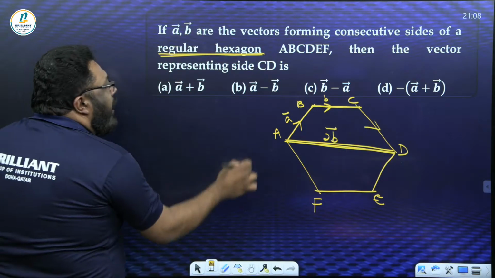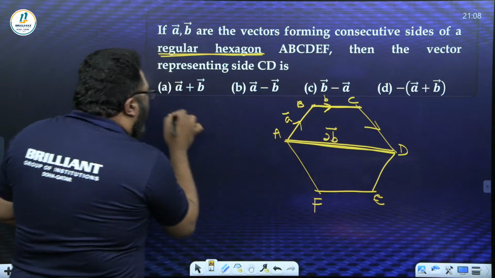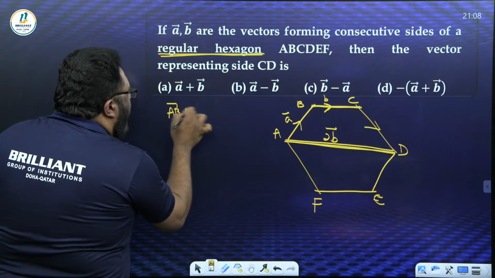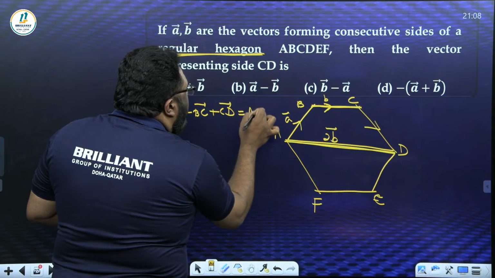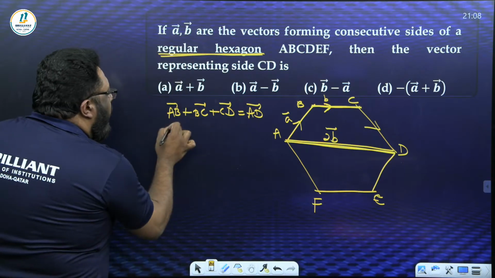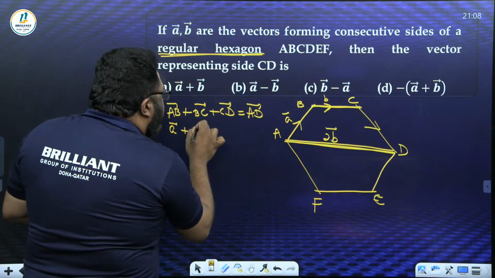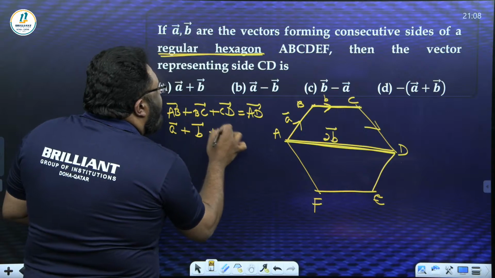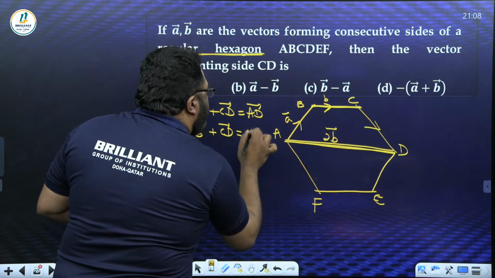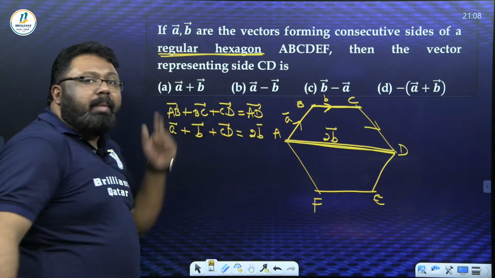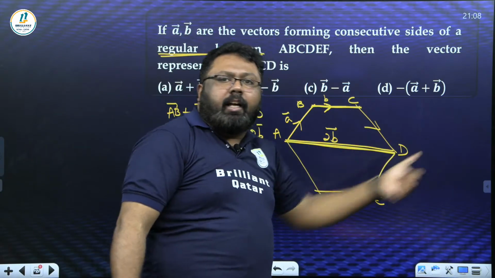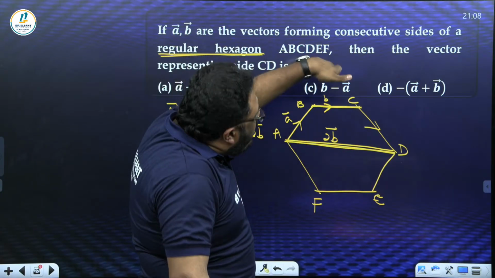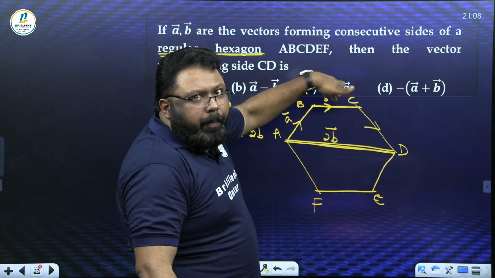So can I say the vectors in order AB plus BC plus CD equals AD. AB is A, BC is B, CD I am trying to find out, AD is 2 times B. Remember this trick. The diagonal going across the regular hexagon is 2 times the side opposite to it.